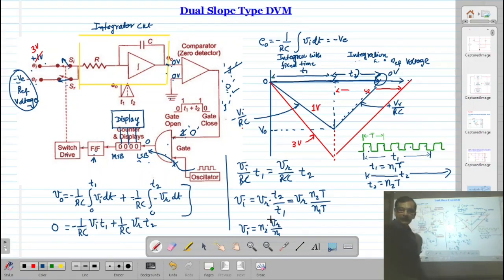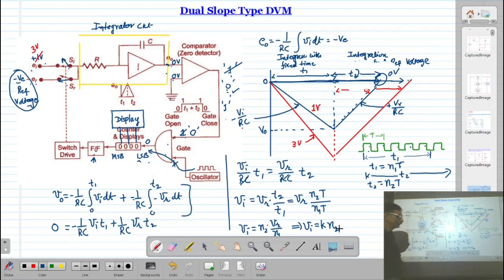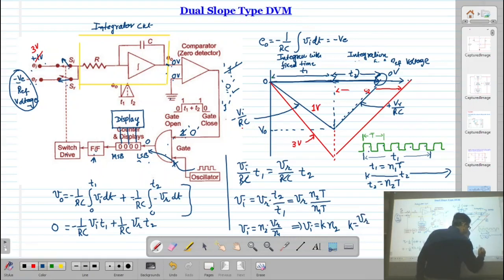Now, what is VR? VR is my reference voltage, and it is a constant quantity. What is N1? N1 is the number of clock pulses for a constant time period of T1. So VR and N1 both are constant. So we can say Vi is equal to K into N2, where K is equal to VR by N1.